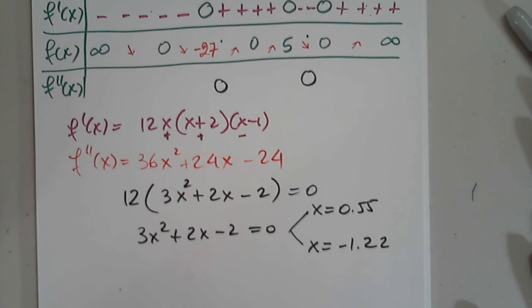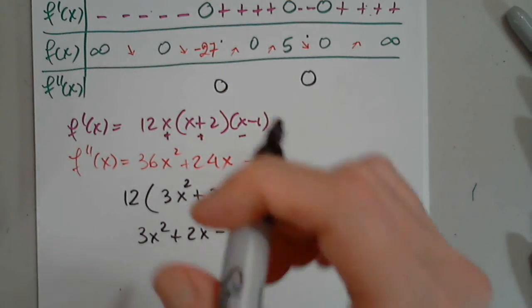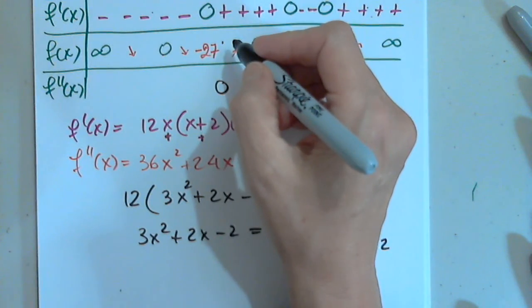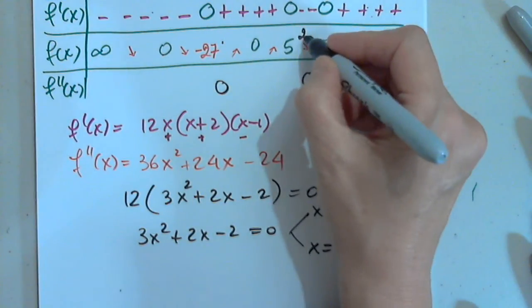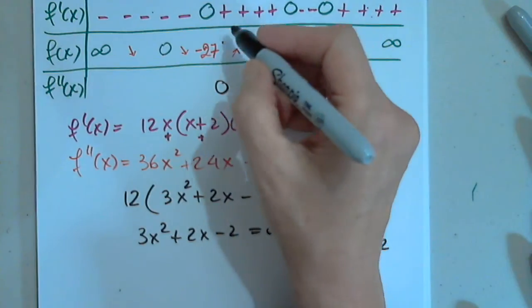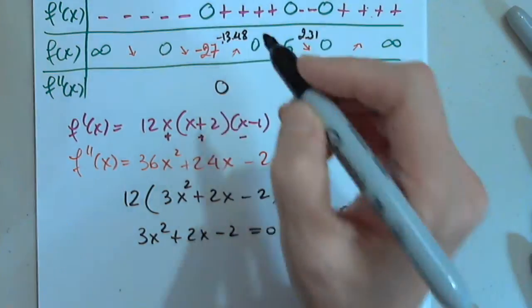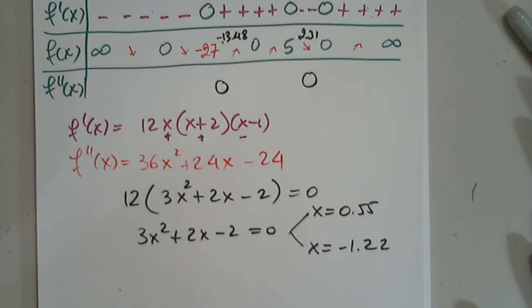And I want these two y values for x 0.55 and for x negative 1.22. Okay, so one is 2.31, and the other one negative 13.48. Okay, that is done.